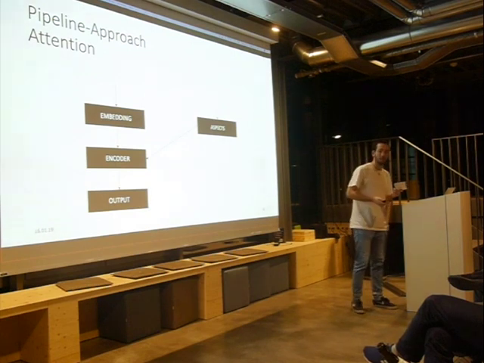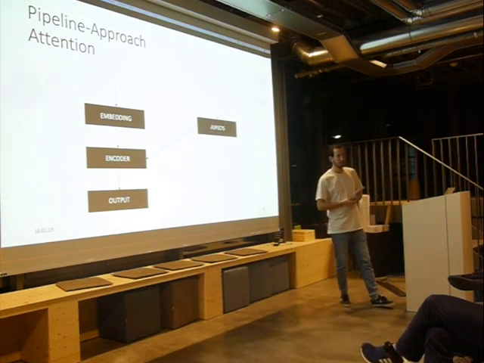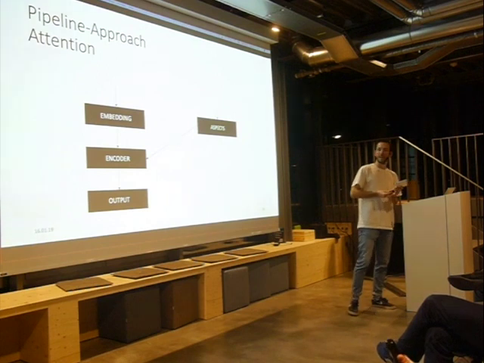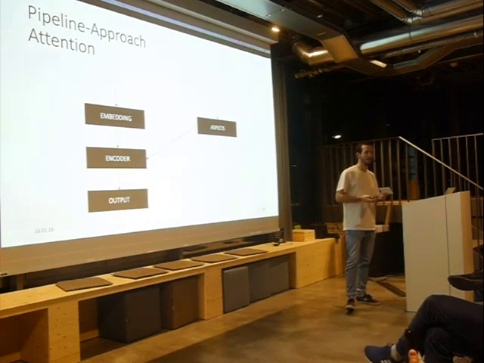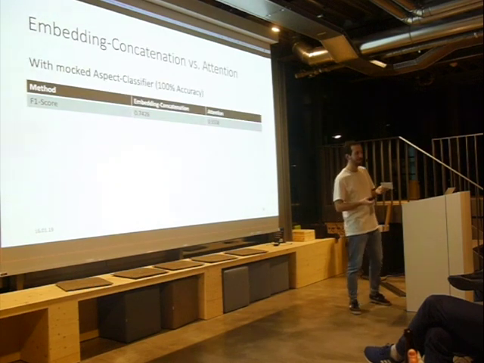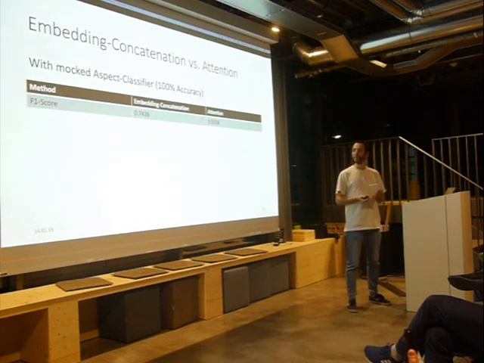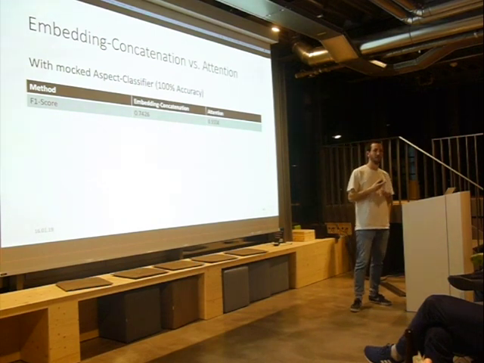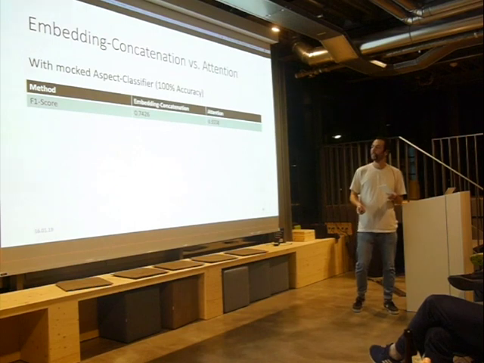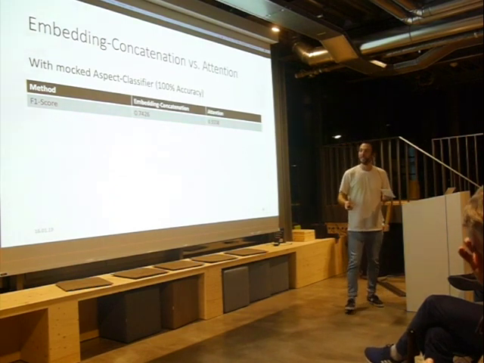The second option is using attention. As the attention algorithm is kind of complex to explain and has been outperformed by the embedding concatenation, I won't go into detail here, but if anybody has a question, you know how this game works.